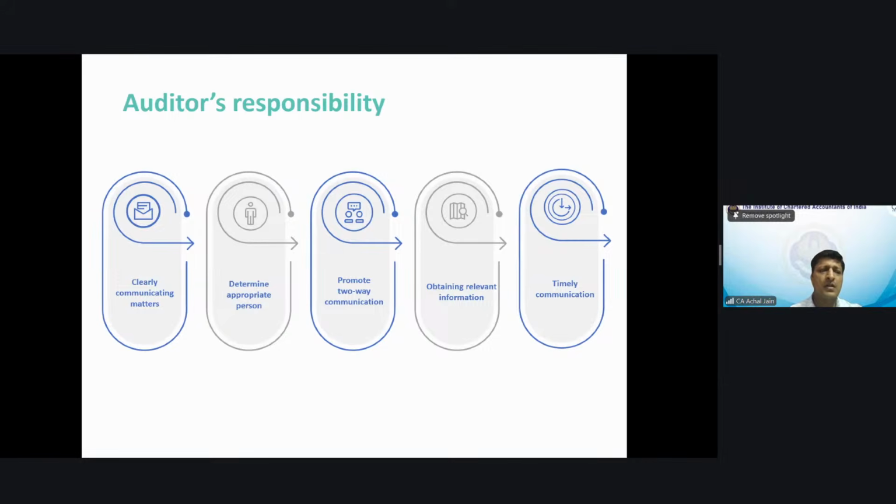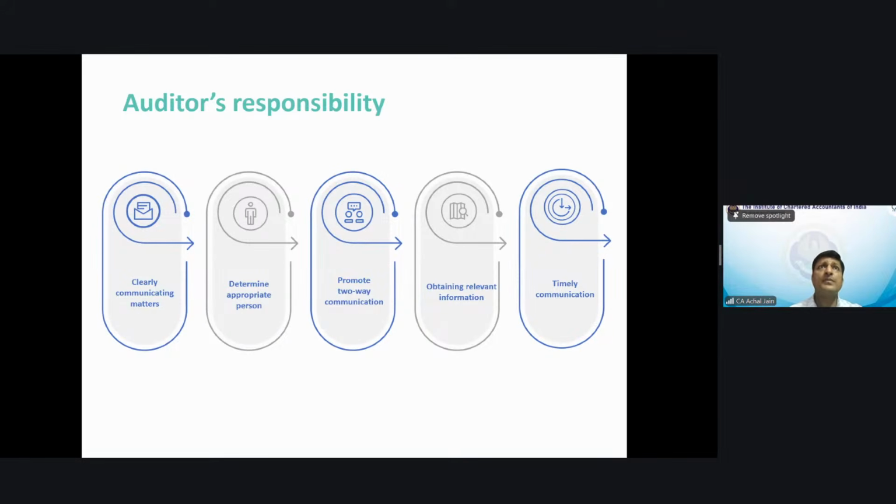Because when you talk about controls in an organization, financial reporting requirements, ensuring that the financial statements are in place in a true and fair manner, something which is required to be looked at by the auditor.